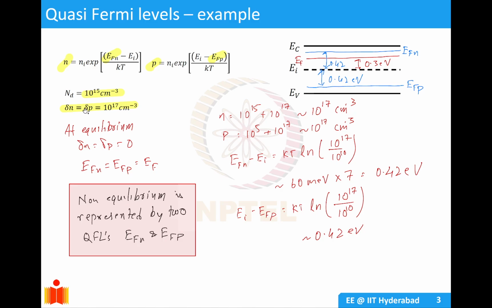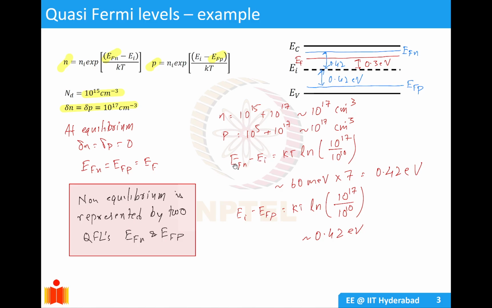So let's say your delta n and delta p are now 10 to the power 17. Earlier, in the equilibrium case, delta n and delta p were 0, so your EFN and EFP were equal to EF. But now it's 10 to the power 17. So your n is 10 to the power 15 plus 10 to the power 17, which is approximately 10 to the power 17. Your p is 10 to the power 5 plus 10 to the power 17, which is also approximately 10 to the power 17.